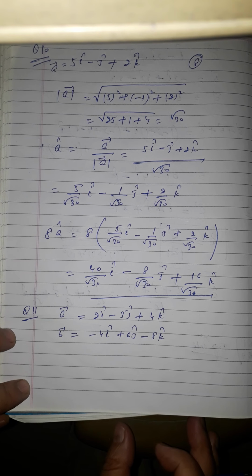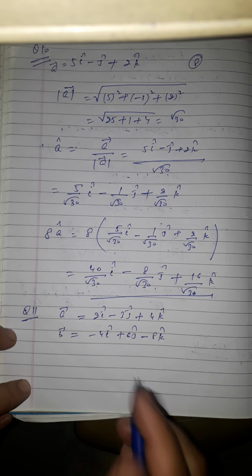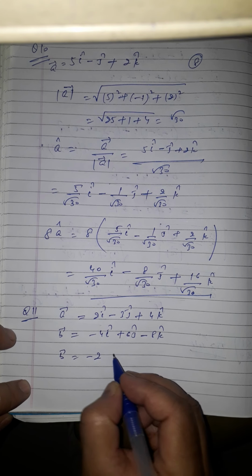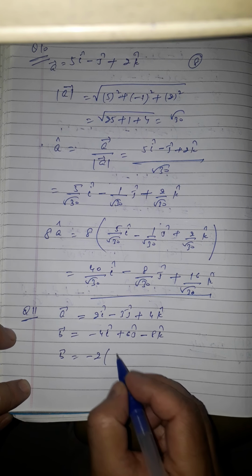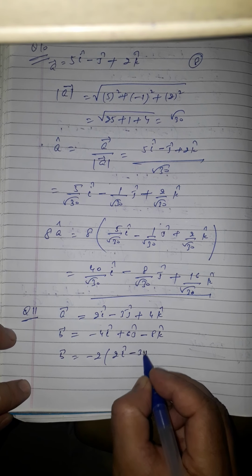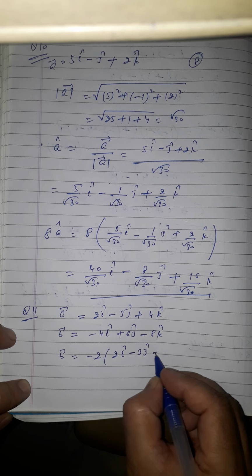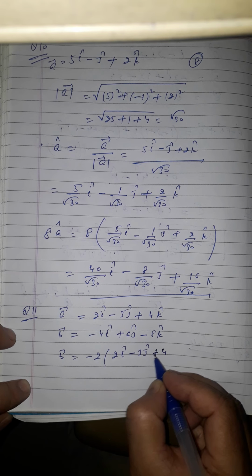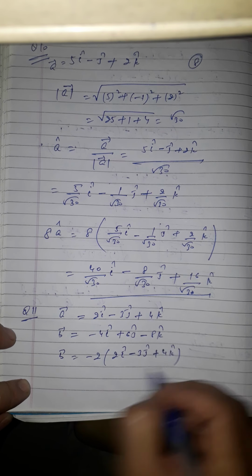Now what we will do in this question, if we have to find out the collinearity, in the vector B, you will see that we will take minus 2 as common, and inside there this is 2i minus 3j cap minus 2 4s are 8, this is 4k cap, minus 2 I have taken outside.